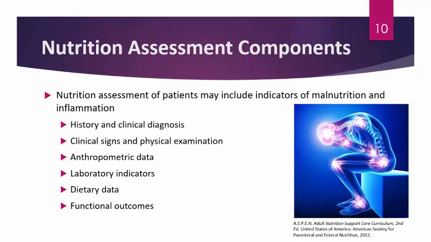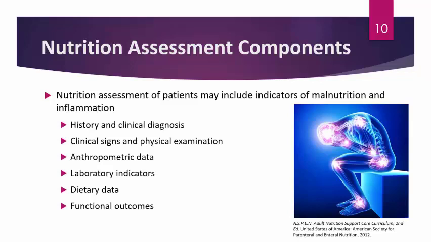So what do we look at whenever we're determining whether or not a patient has a degree of malnutrition, or if we're trying to nutritionally screen or assess a patient? Nutritional assessment of patients can include a variety of different indicators that we look for to determine whether a patient is malnourished or has a degree of inflammation.